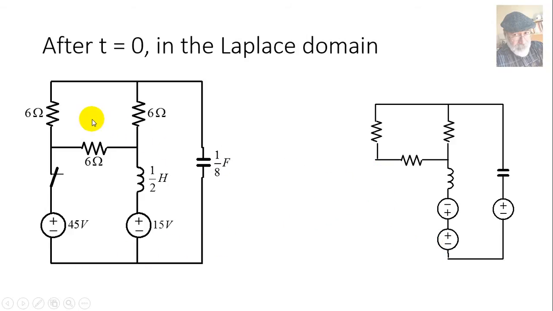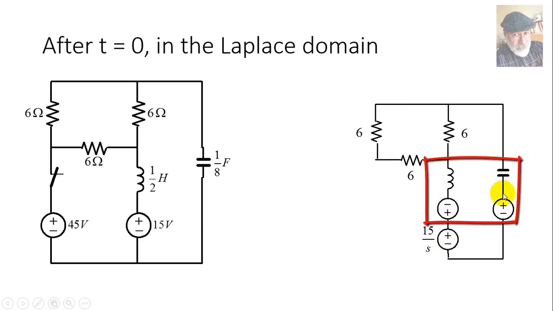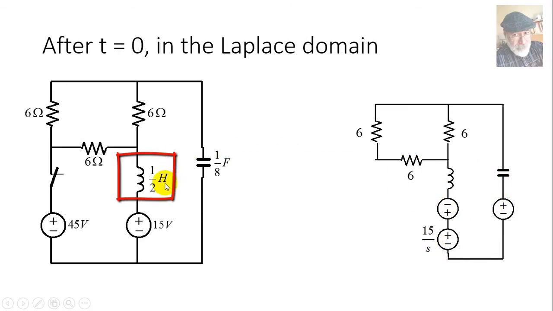The three resistors remain being 6 ohm resistors. That hasn't changed. This source down here, 15 volts, in the Laplace domain becomes 15/s. What about these two and those two? Well, the inductor in the Laplace domain is represented by two components, an impedance sL and an initial condition source L times IL(0).